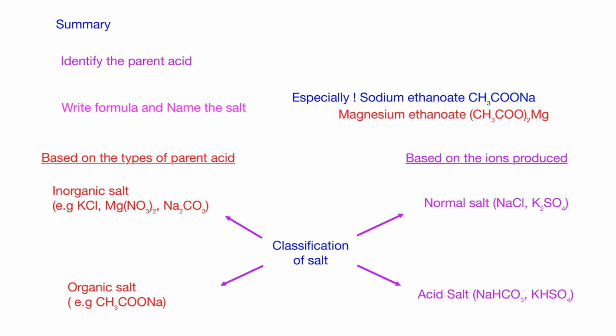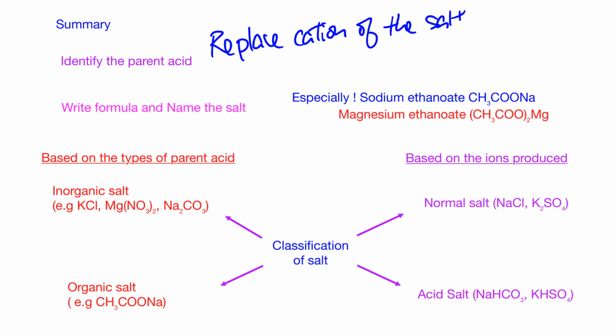So in short, the summary for this video: you need to identify the parent acid. Basically, replace the cation of the salt with H+ ion. So with copper(II) nitrate, you replace this one with H and then you have nitric acid.